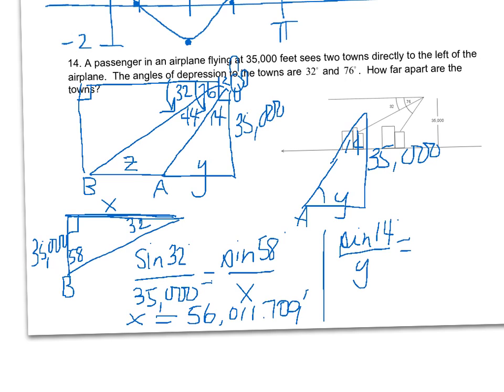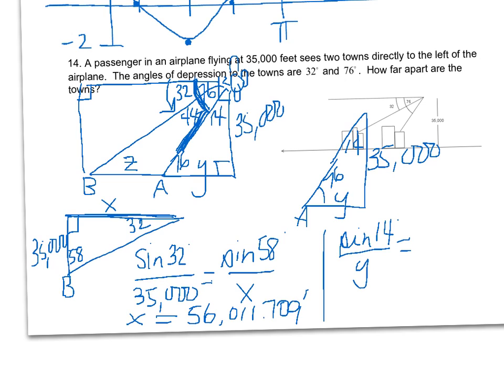Well, if you know that there's a 76 up here, and you've got two parallel lines and a transversal that goes through it, this being the transversal, the one I'm highlighting, then you have alternate interior angles, so this must be 76 degrees. Or you could just subtract: 76 and 14 need to add up to 90, which is an easier way to do that.